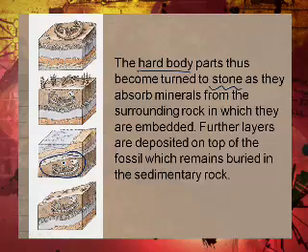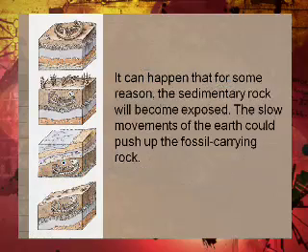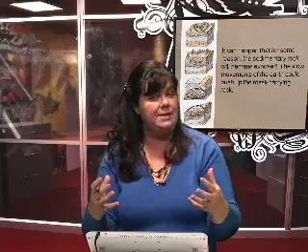Further layers are compacted on top of that sedimentary rock, and so that fossil becomes buried lower and lower in the ground. Now, it can happen for some reason that this sedimentary rock, this layer that was down at the bottom, becomes exposed. Maybe an earthquake shifts the sediments or the strata of rock.